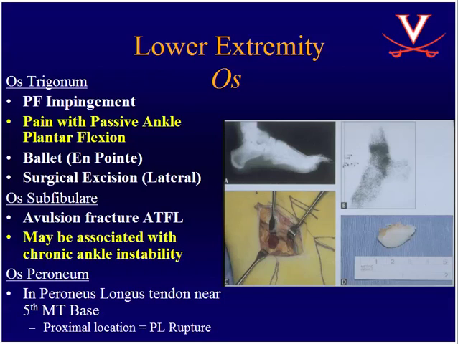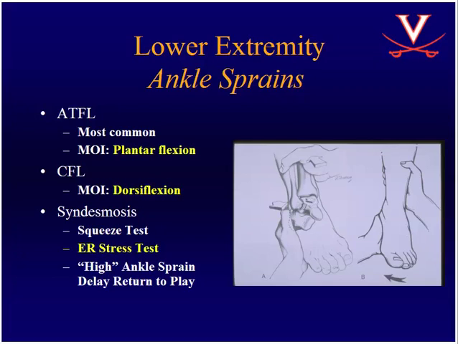Os perineum, the only significance here, again, this occurs near its fifth metatarsal base insertion, is if it's displaced proximally, it may have been associated with a peroneus longus rupture. Ankle sprains, very common. We see this every day. The ATFL is the most common injury.